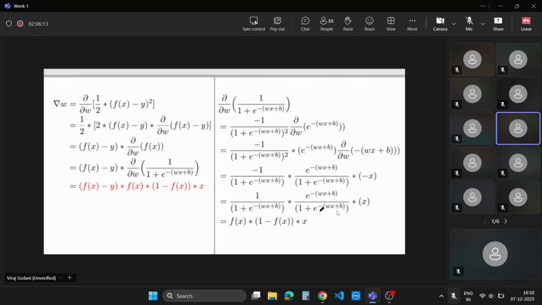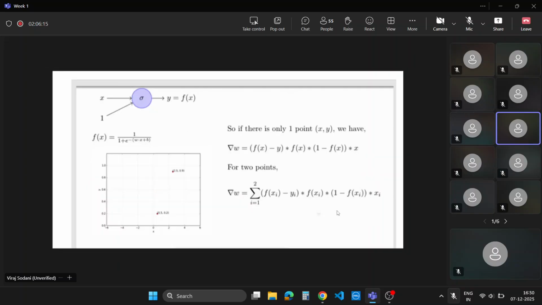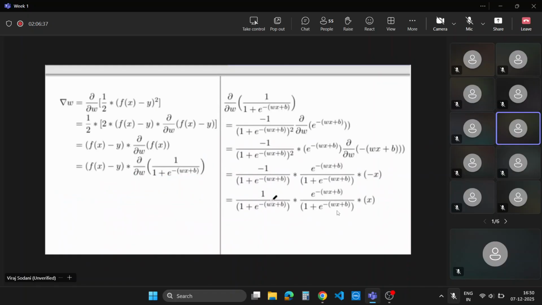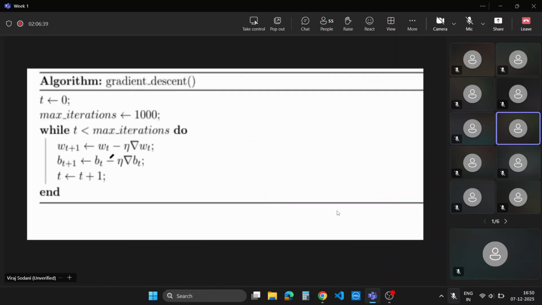So this model is for a single input, single output model. For 2 points, you can apply the same, we just need to replace x with xi everywhere because there are two inputs. So del omega will be changed accordingly, and it would be nothing but a summation, and you'll just replace it in the code here.